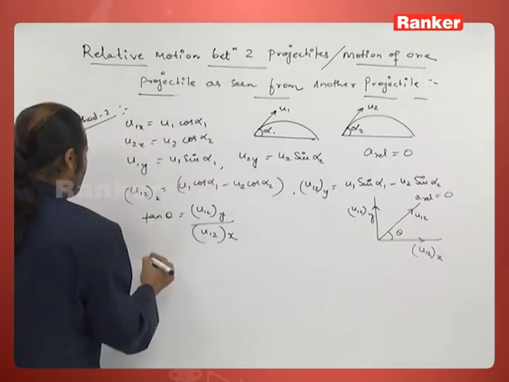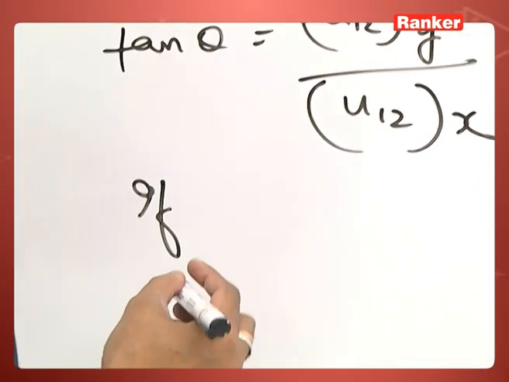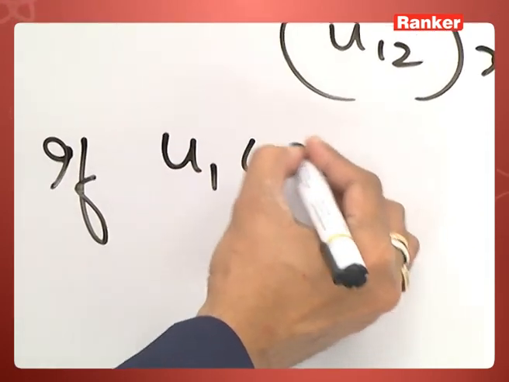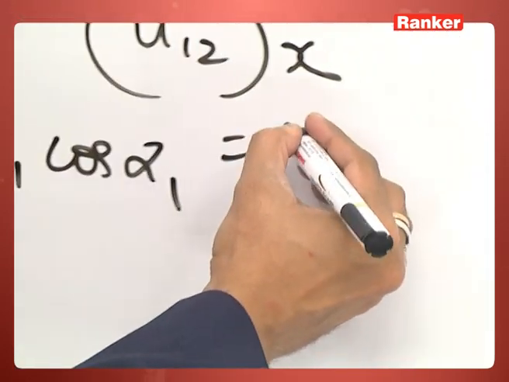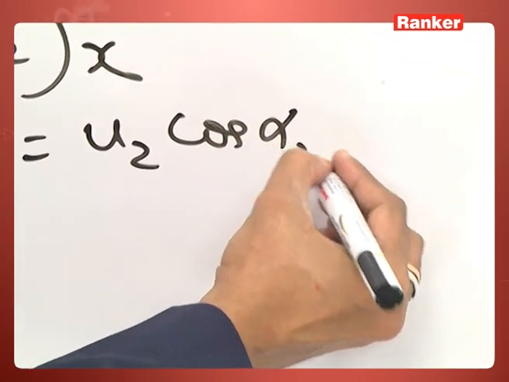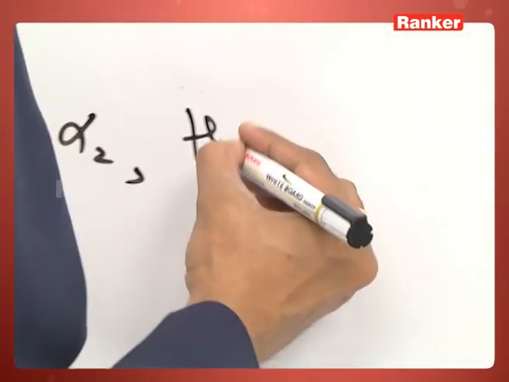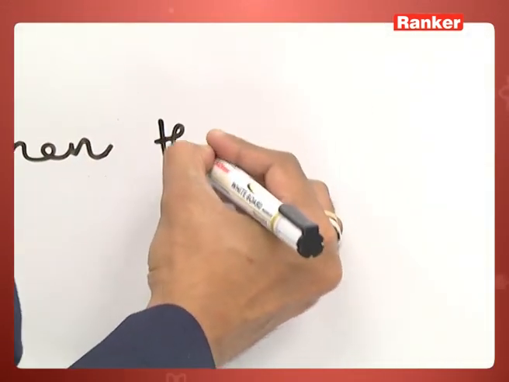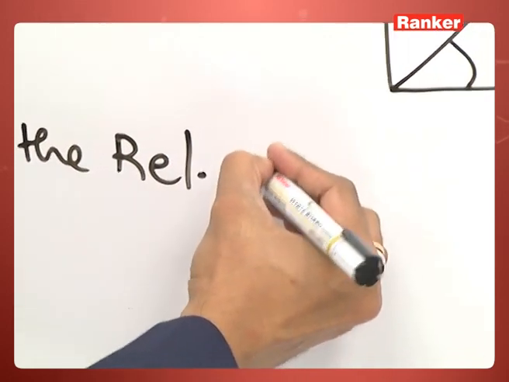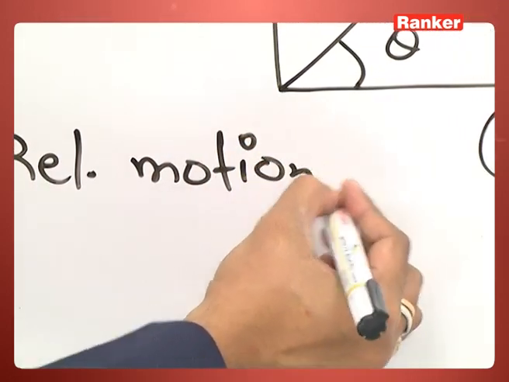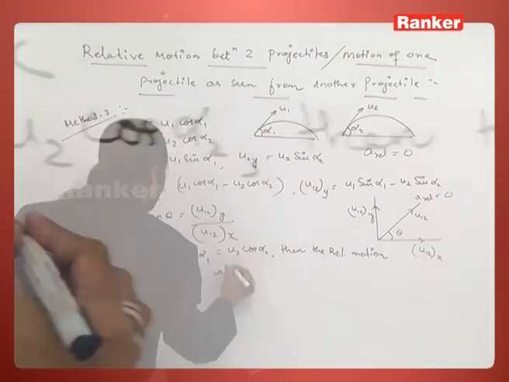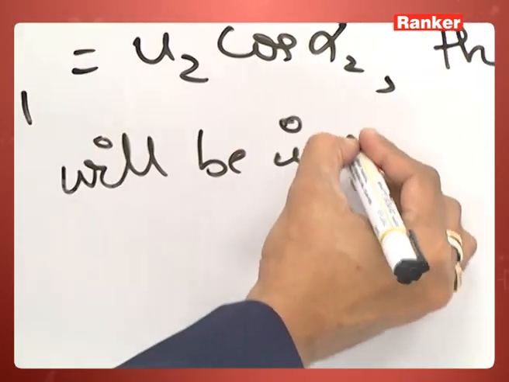Now if u1 cos alpha 1 is equal to u2 cos alpha 2, then the relative motion will be in vertical direction.